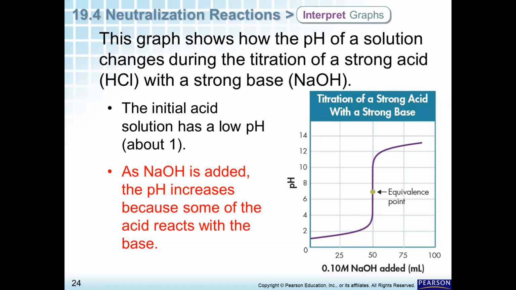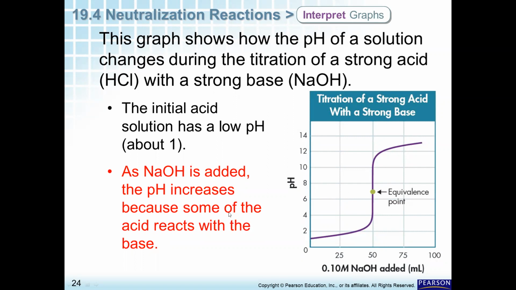When we start getting very close to the equivalence point, you will see a sharp change in the pH. And that is because at that time, the number of moles of H plus left is very minimal and it is being consumed very quickly. So we reach a point here. Here's the equivalence point, which is at pH 7. We are talking about a strong acid with a strong base, so their equivalence point will be at a neutral pH, and that is pH 7.